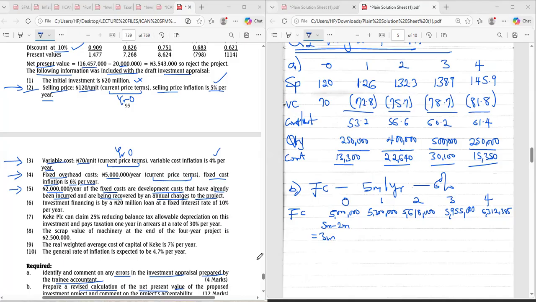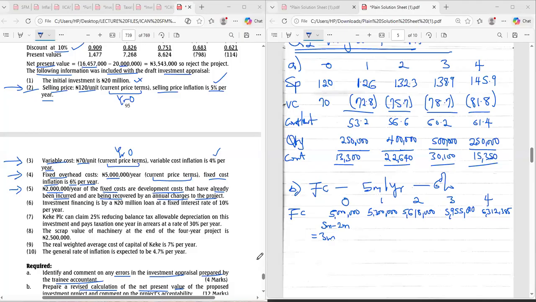However, 2 million naira development costs included in fees cost before inflation is a sunk cost and not relevant. Am I making sense? Thank you.